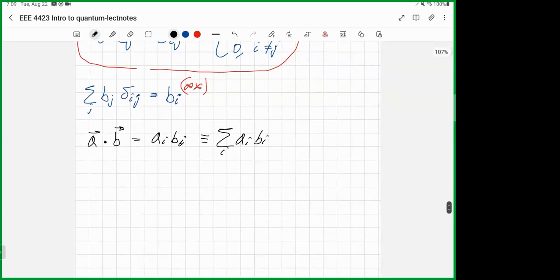For example, for three-dimensional space, we get the formula a_1 b_1 plus a_2 b_2 plus a_3 b_3.